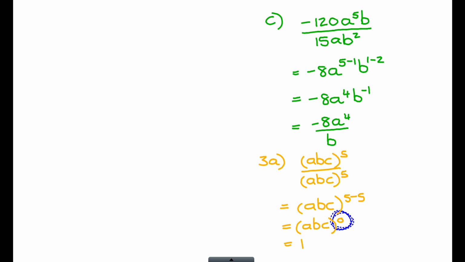I had a previous class now saying they said the answer is just bracket ABC, close the bracket. Why is that wrong? Because when I write ABC in brackets, what do we assume would be over there? A 1. And 1 is not the same as 0. So you have to write this 0 there. And then anything to the power of 0 is 1.